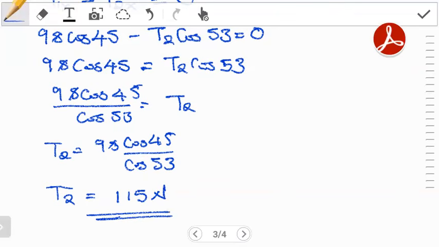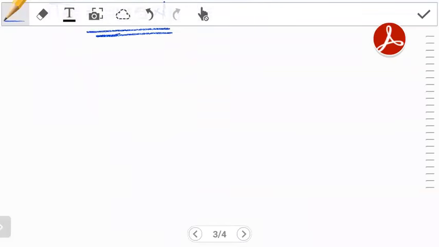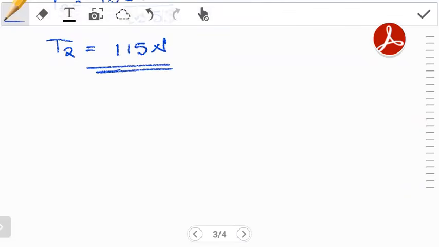Now the next part, the question is asking us to get what m2g is. Now, how do we get it? For the x-axis we worked it out, now we have to go to the y-axis. You guys recall, we identified three forces in the y-axis.